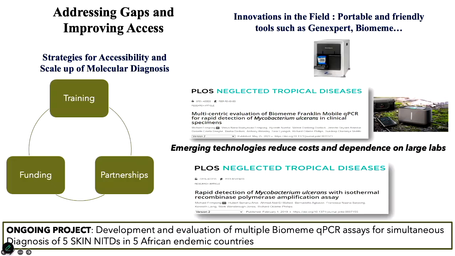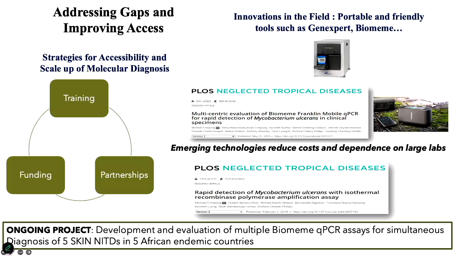Our dream is to have something where we can just put in the cartridges and have the results. But having this in mind, we have already started to evaluate the BioMIM. BioMIM is also a mobile qPCR, and we did the first evaluation on the field comparing what we can have with BioMIM to what we have with the qPCR, and the results are really comparable.